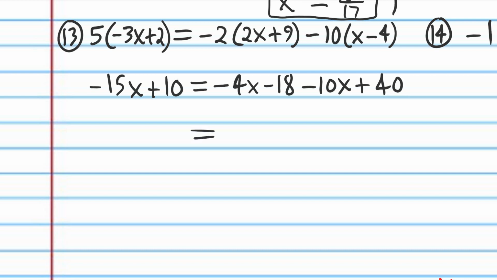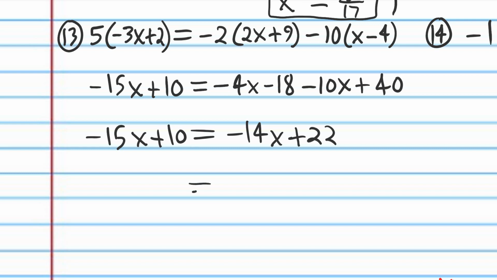We can't simplify anything on the right side of the equation, but on the left side of the equation, we can simplify stuff. All right, so we're now going to add 15x to both sides and subtract 22 from both sides.